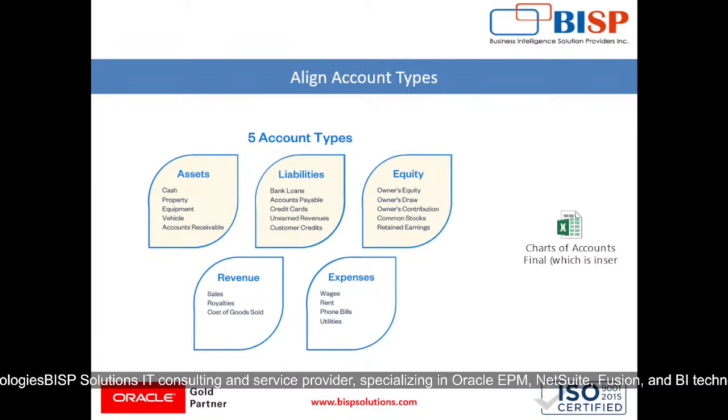Then aligning account types. It means in assets we will be mentioning cash, property, equipment, vehicle, accounts receivable. In liabilities, we will be mentioning bank loans, accounts payable, credit cards, unearned revenues, customer credits.